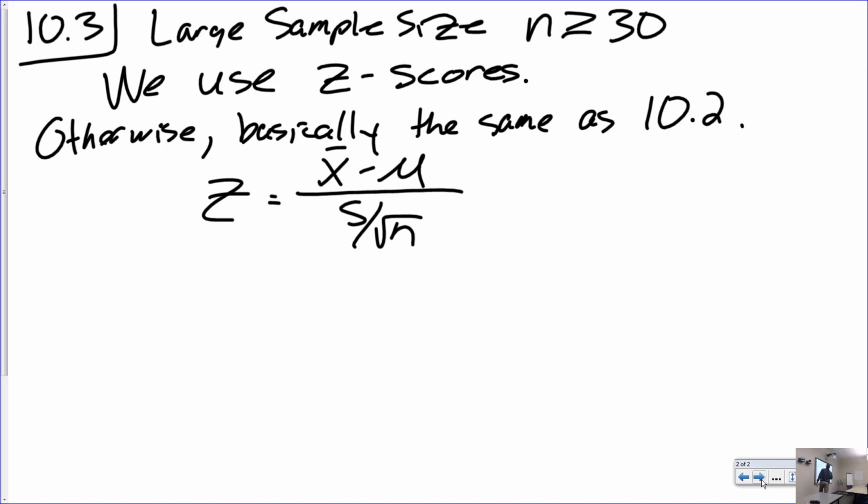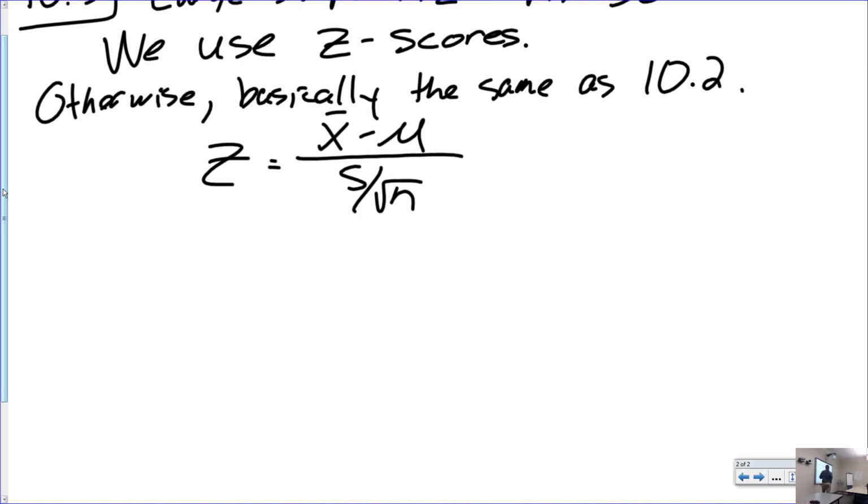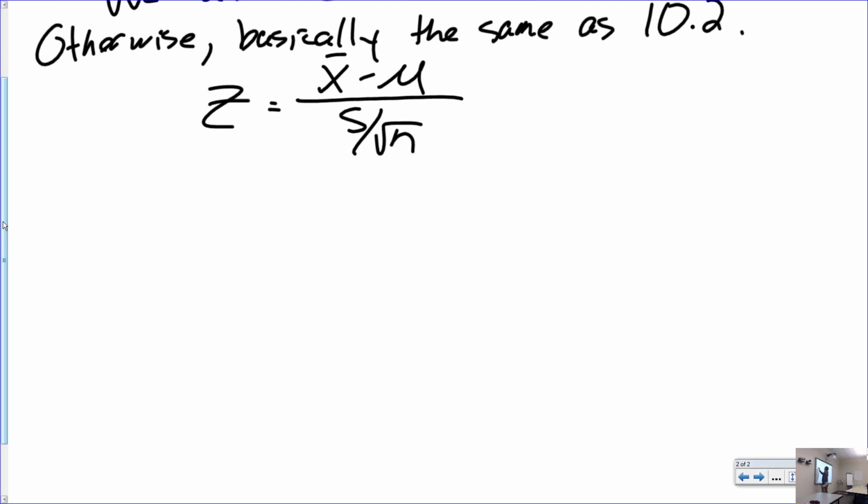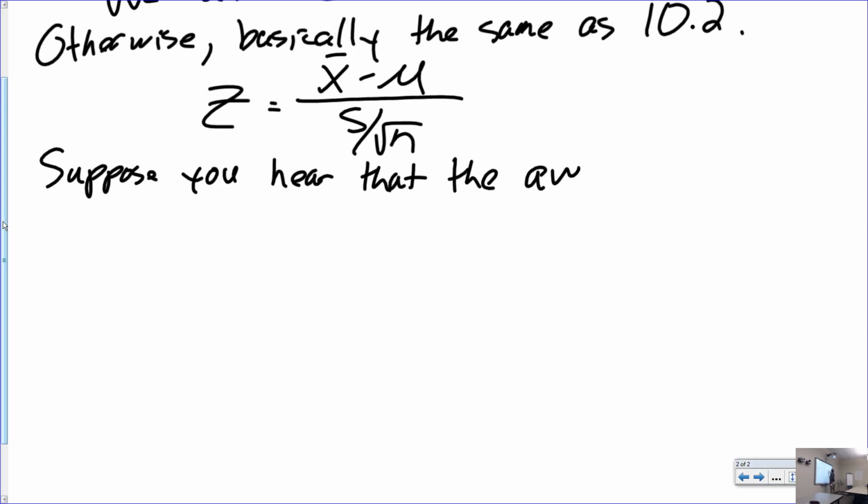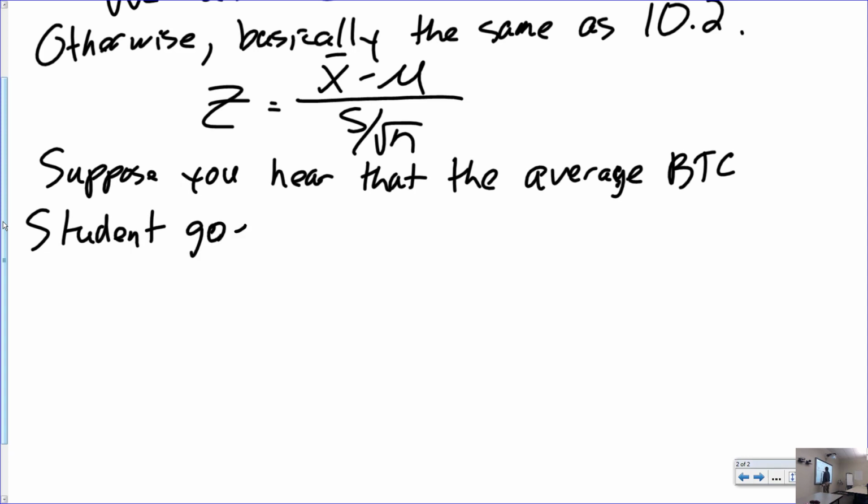All right, so let's try a sample problem. Suppose you hear that the average BTC student goes to school for 3 years.